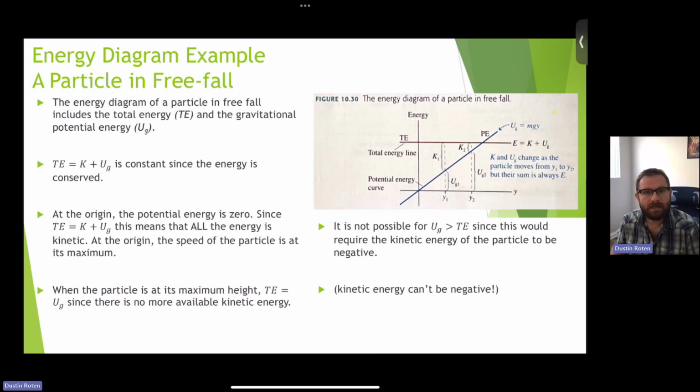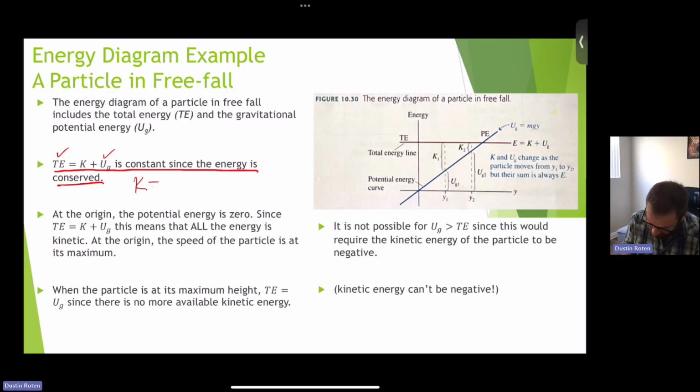So in the energy diagram example of a particle in free fall, remember we have the total energy and the gravitational potential energy both plotted. Now we can still figure out what the kinetic energy is because the total energy is conserved, right? So if we know the total energy, which we do from the plot, and we know at any given height of this thing in free fall its gravitational potential energy, this is a simple subtraction, right?